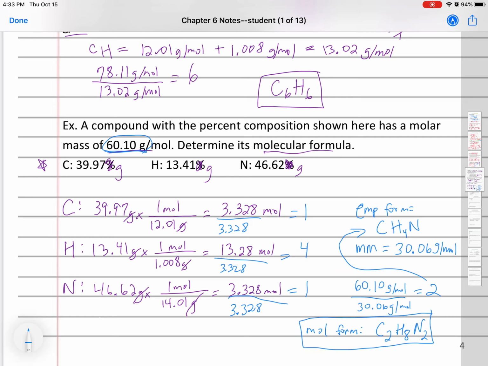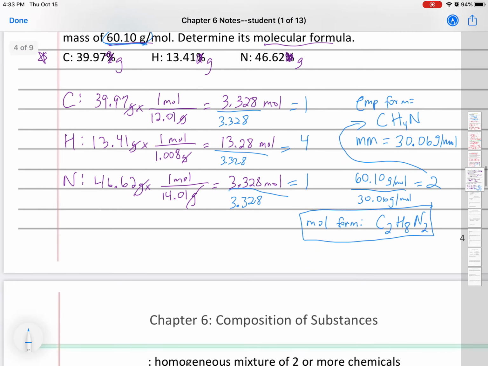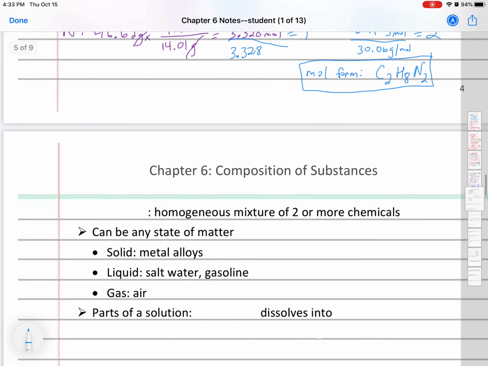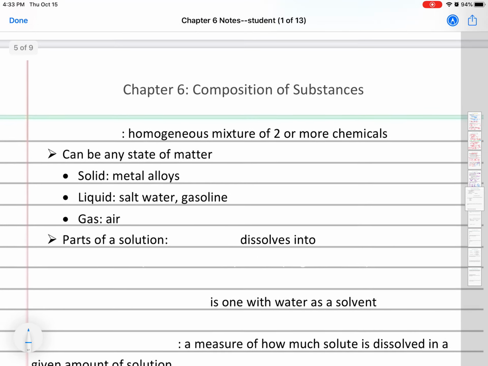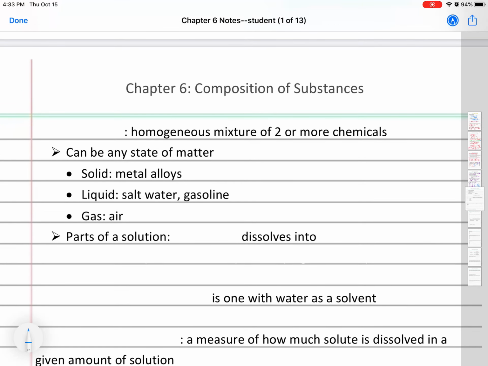All right, so that's some calculating percent mass and determining empirical formulas and even molecular formulas given molar mass. Now we're going to switch topics ever so slightly and talk about solutions.